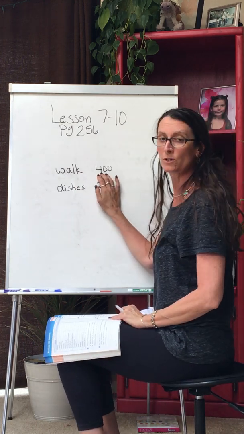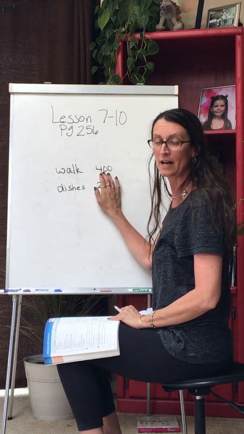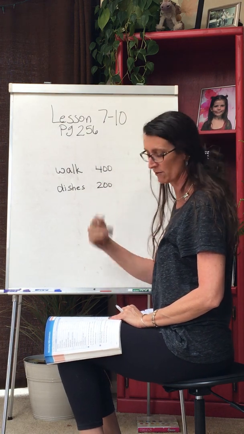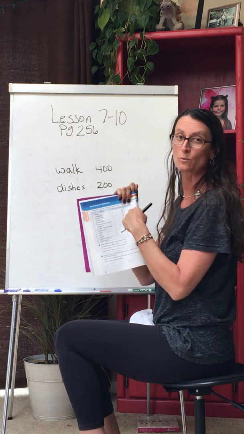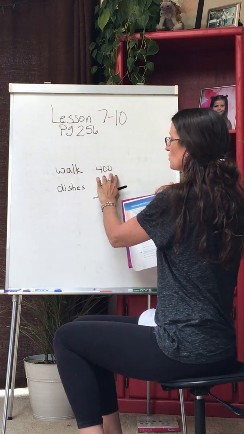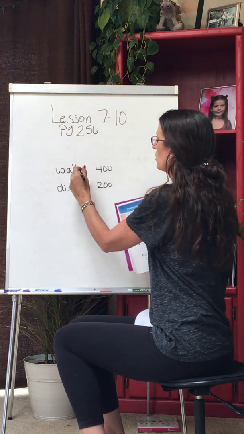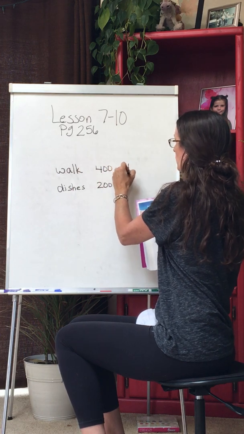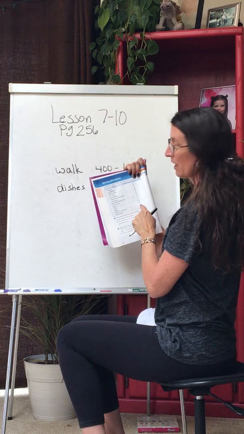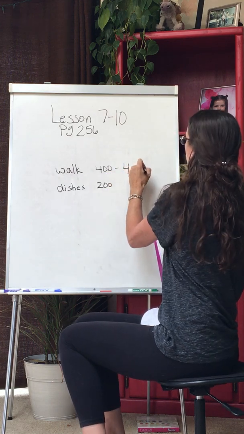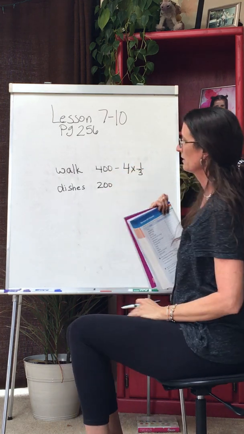Well, to get to 400 calories, I know she would have to burn 4 times whatever it says in our table, because each one of these is just worth 100 calories. So walking, she has to do 4 times 1/3, okay?